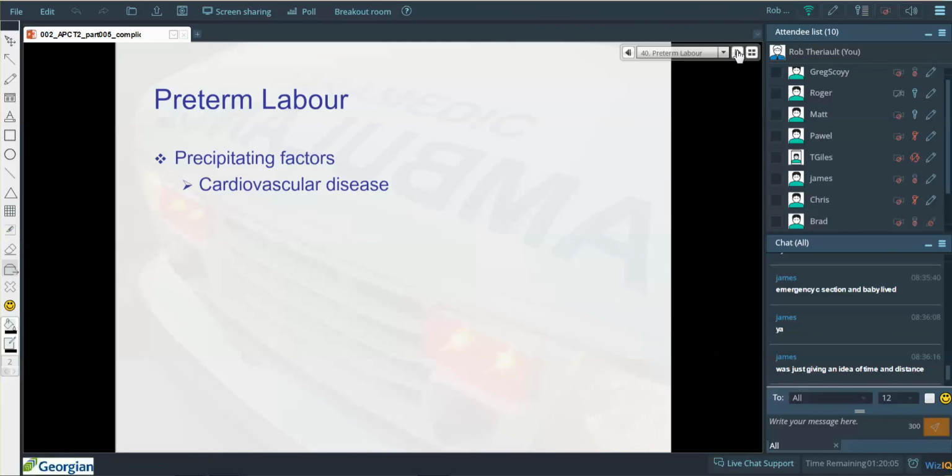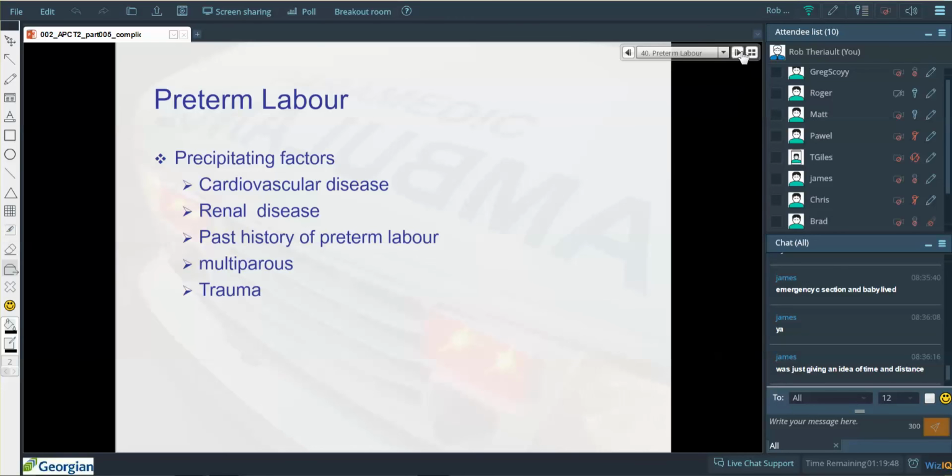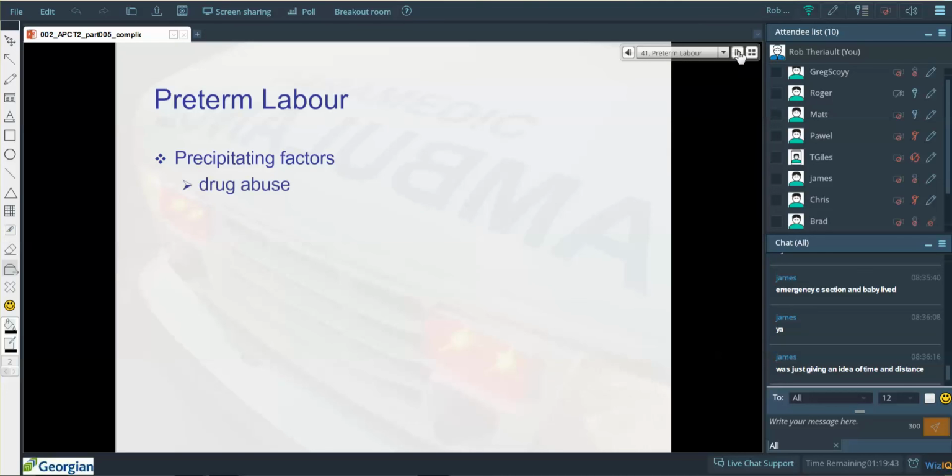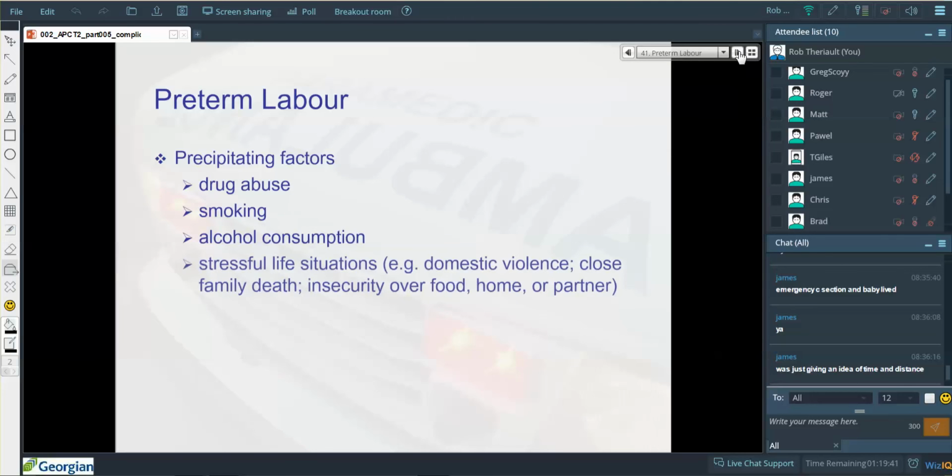Other precipitating factors include cardiovascular disease, renal disease, past history of preterm labor, any patient who's multiparous, trauma in pregnancy, drug abuse, smoking, alcohol consumption, and stressful life, so things like domestic violence or a recent family death or poverty or insecurity about a love partner.